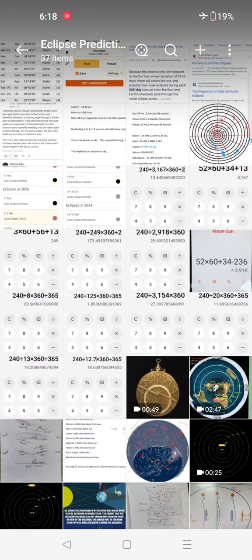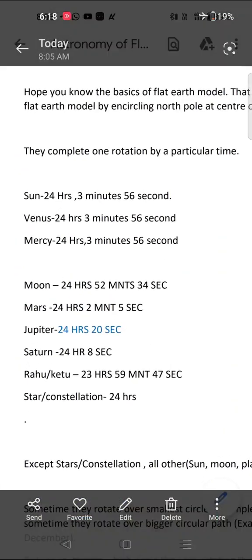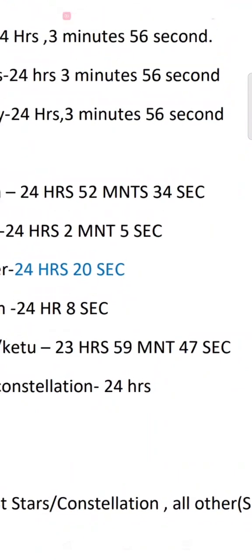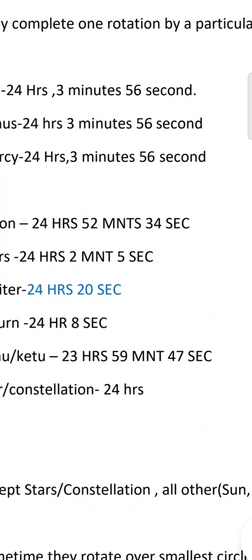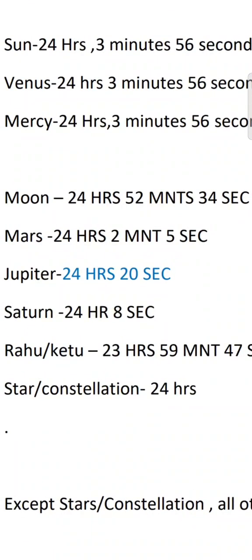Now let's consider our eclipse point, the Rahu. What is the time Rahu and Ketu take? It is 23 hours 59 minutes 47 seconds. So it is faster than the star and constellation.